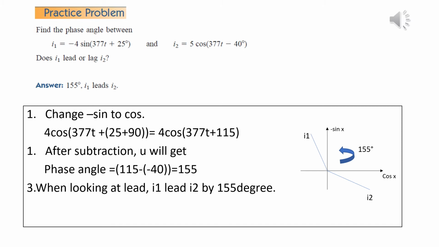So we can use I1 minus I2 to get the phase angle. Now I1 minus I2 gives the result of 155 degrees. Now looking at the graph on the x-axis and y-axis, we can see that I1 is leading I2 by 150 degrees in the anti-clockwise direction.